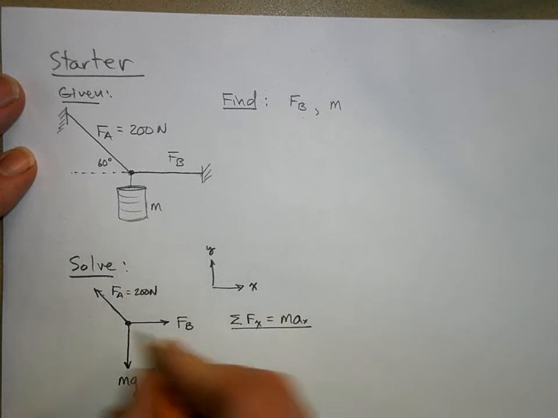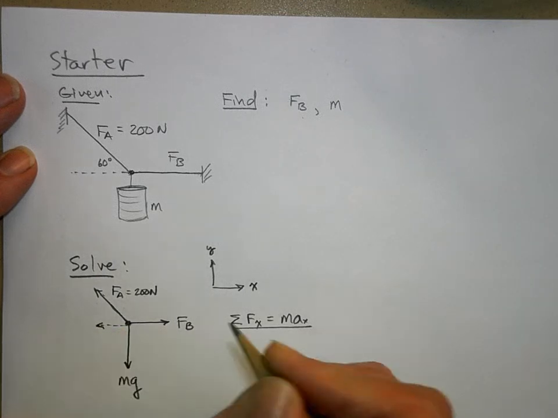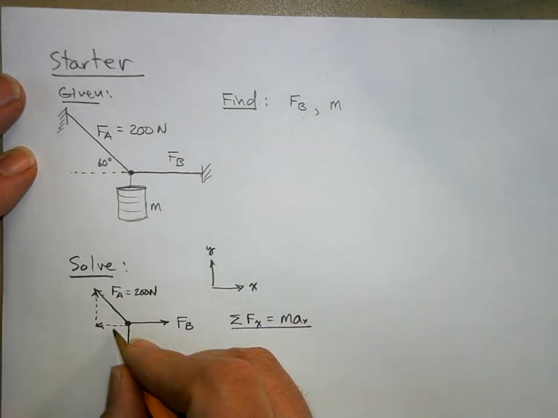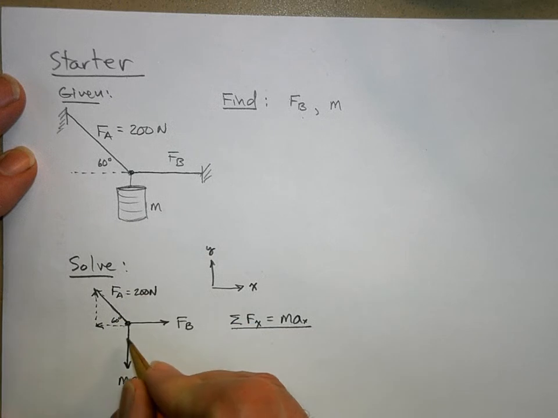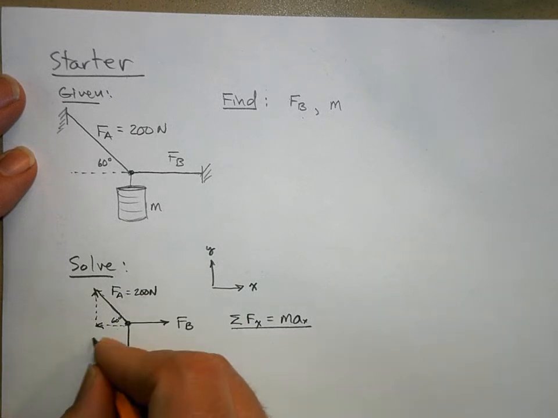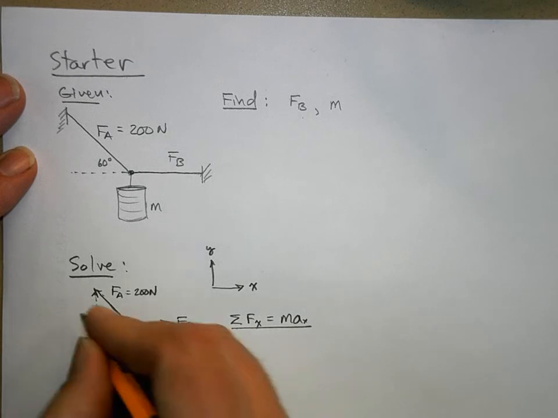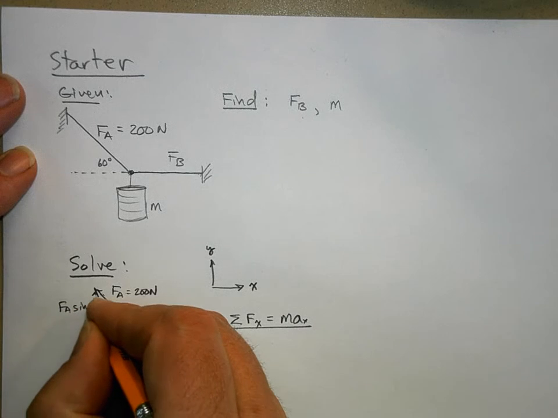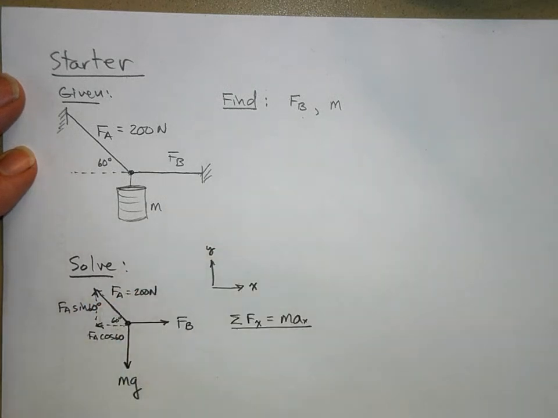And in the X direction, oh, I forgot, we have to break up FA into its components. So this will be FA cosine 60, since this is the adjacent, this is 60 degrees, and this will be FA sine 60 degrees, this vertical component right here.